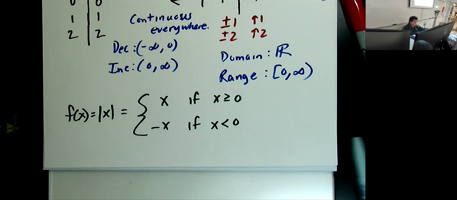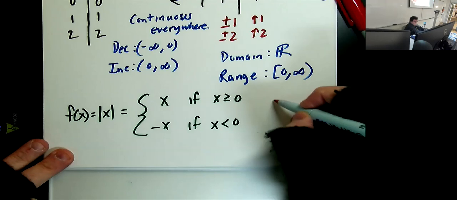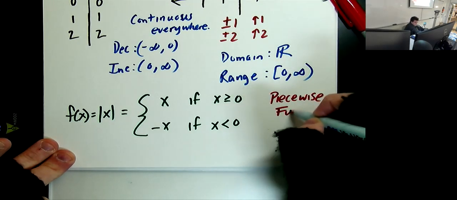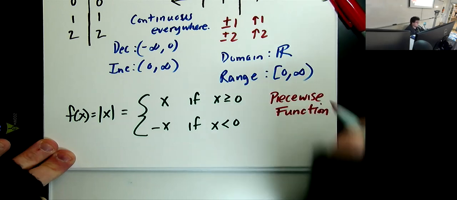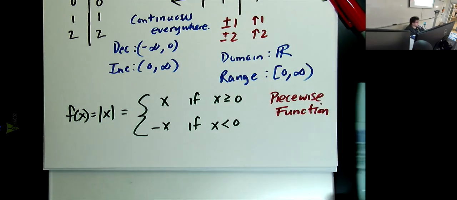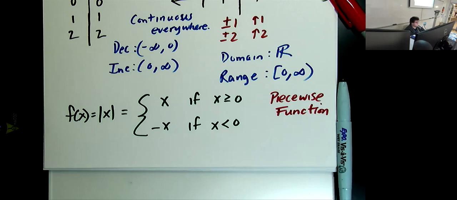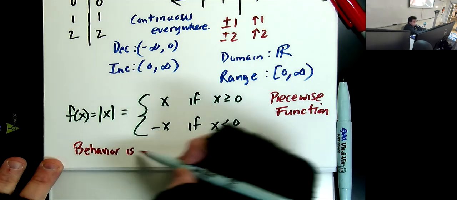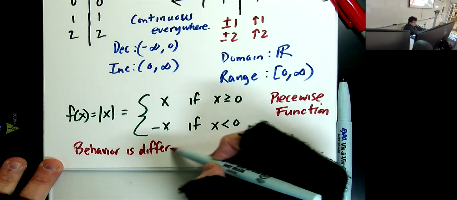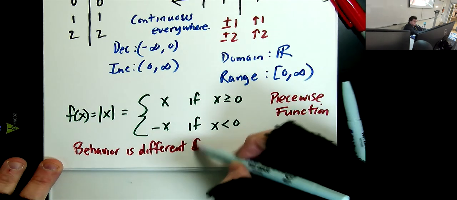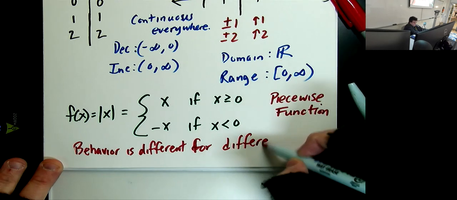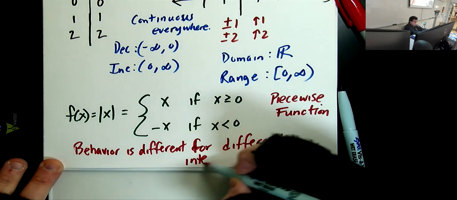This is what we call a piecewise function. The behavior is different for different parts of the domain. Intervals on the domain.